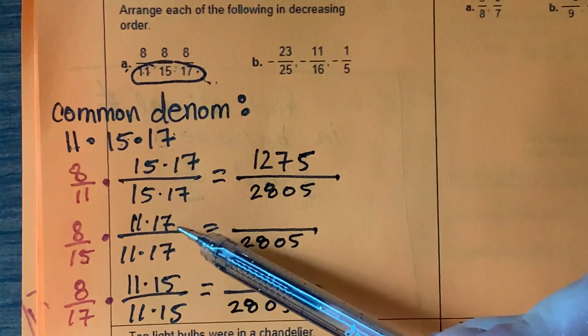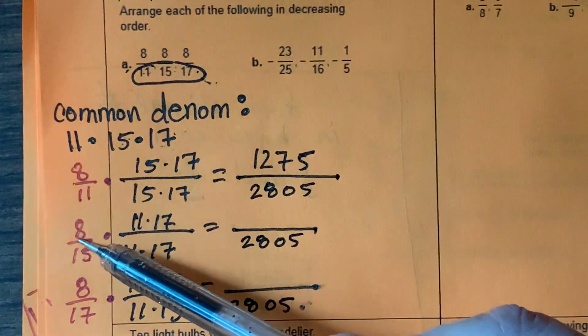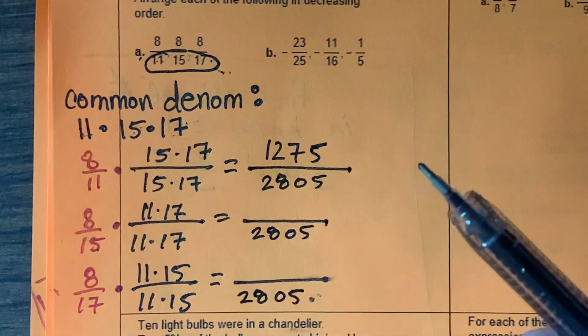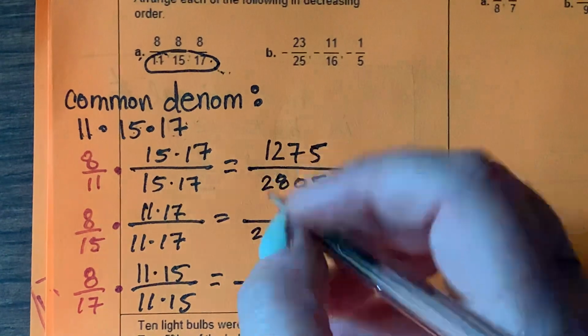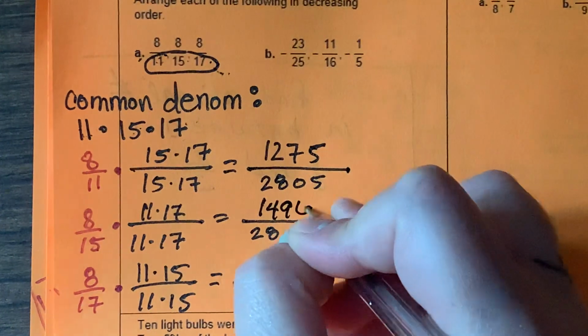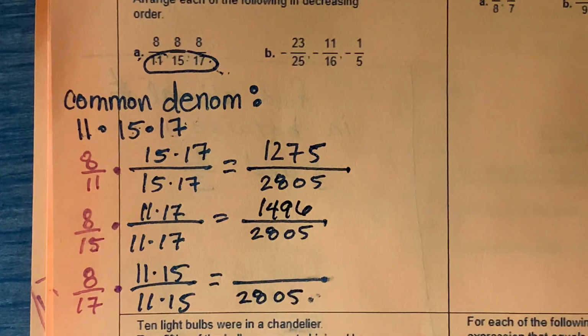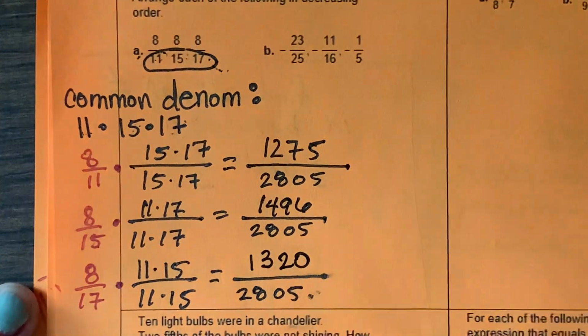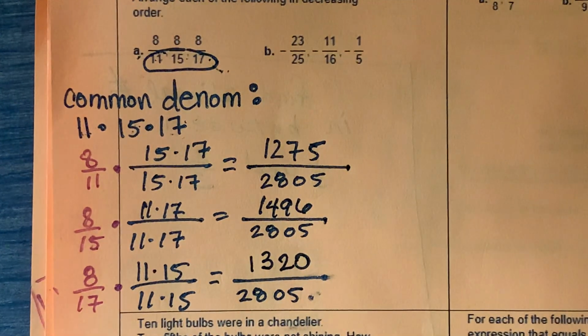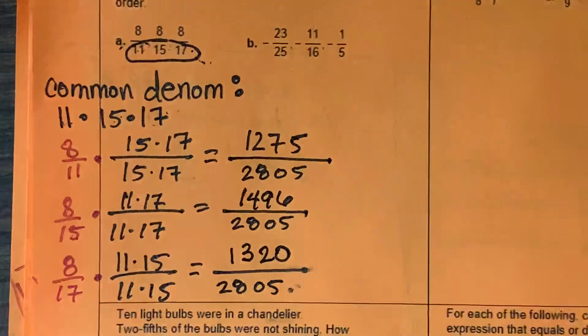Okay, let me work on this middle fraction. The top, 8 times 11 and 17, 1496. Last one is 1320.